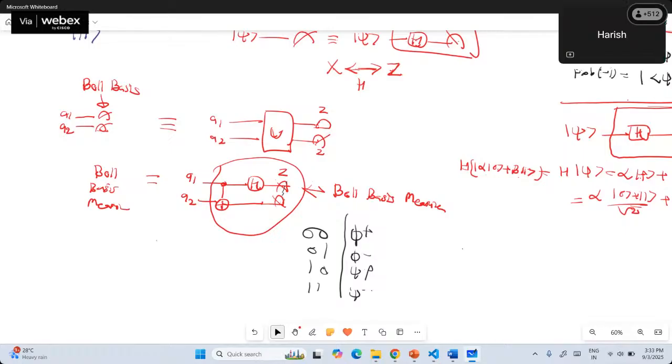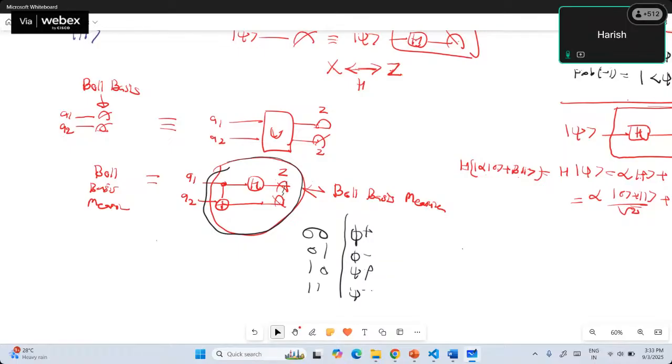Sorry. So this thing you might have seen in quantum teleportation. You might have seen it in superdense coding also. That is widely used in those protocols and entanglement swapping also. So the Bell basis measurement is a very important measurement.